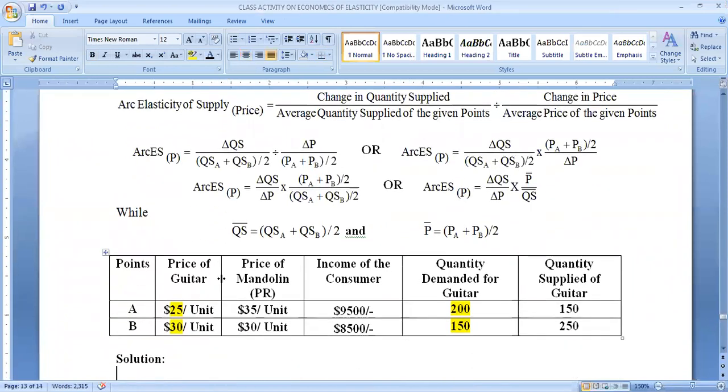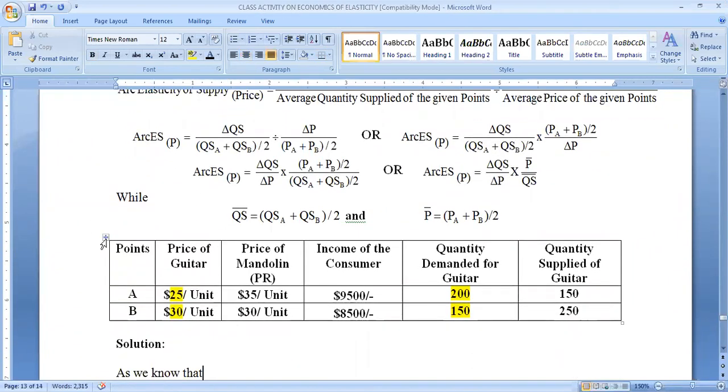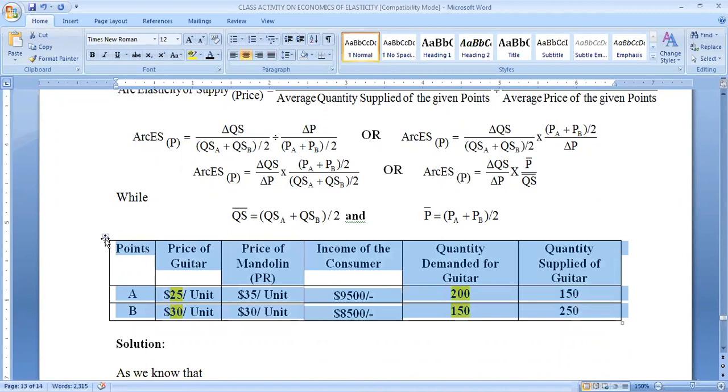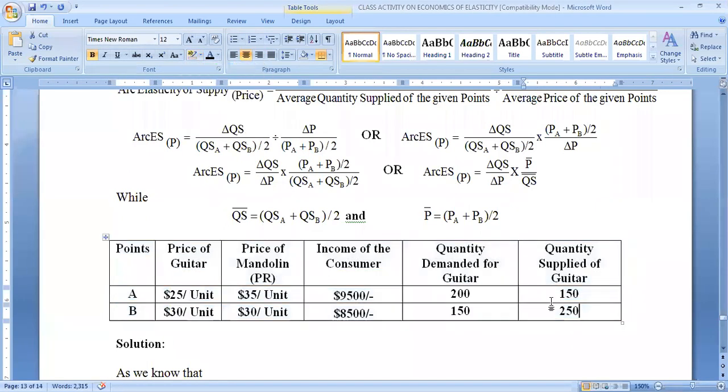The information of quantity supplied we are given is 150 at point A, whereas it is 250 at point B, right?